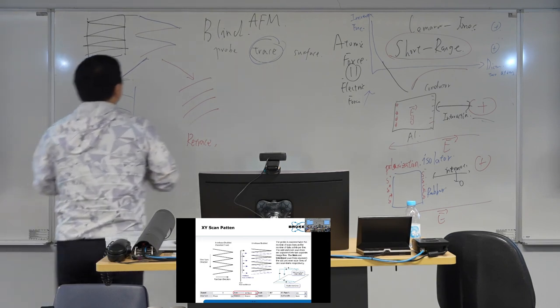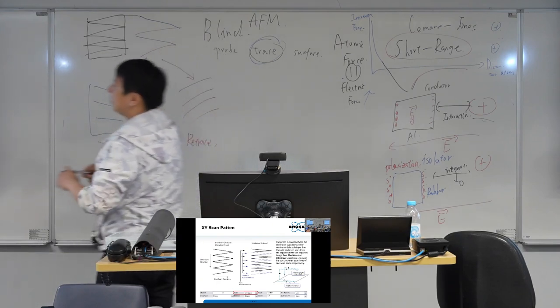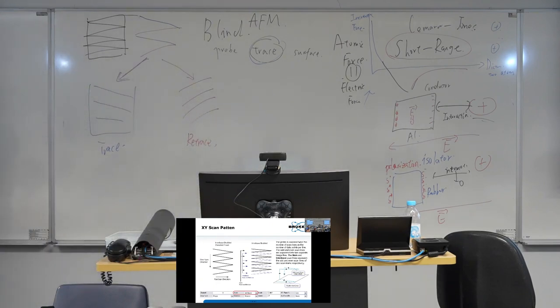So the scan will be something like that. We insert another scan layer, so we call it interleaved scan. The interleaved scan and the morphology one, we call it main scan.